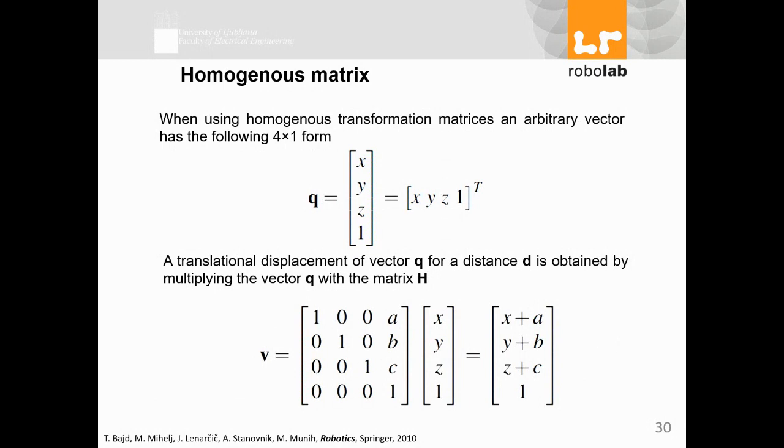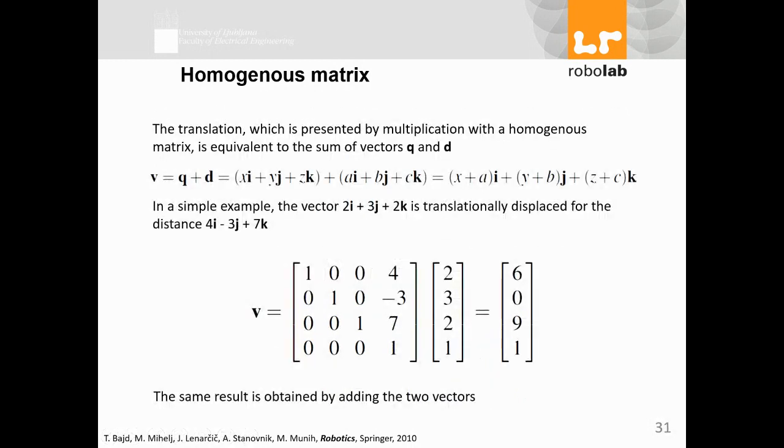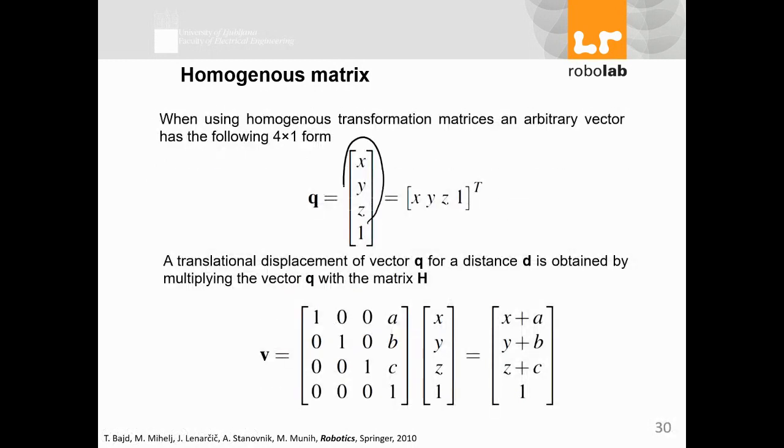So when using a homogeneous transformation matrix, an arbitrary vector has the following form. So this is the current location of the point, or coordinates of the point, and you can show it in the transposed form like this.